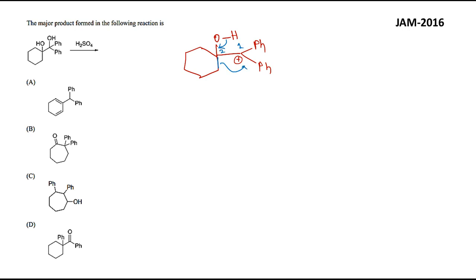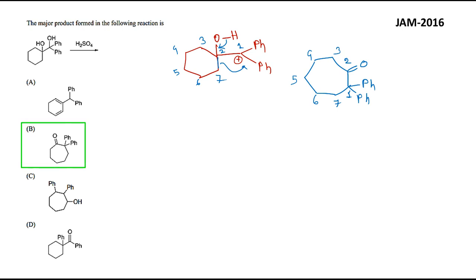If I am numbering 1 2 3 4 5 6 7, so now you will be getting a 7-member ring, right? Suppose this is position 2, the 2-7 bond is broken, position 1 has 2 Ph group, and the 7-1 bond is formed. This is 3 4 5 6, so a 7-member ring where at 1 and 2 position there are a carbonyl group and 2 Ph. So option B is the correct option.